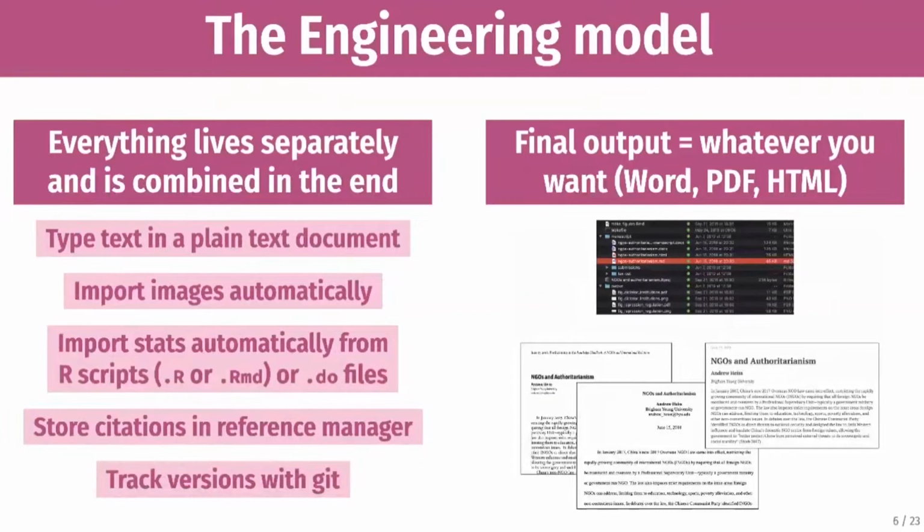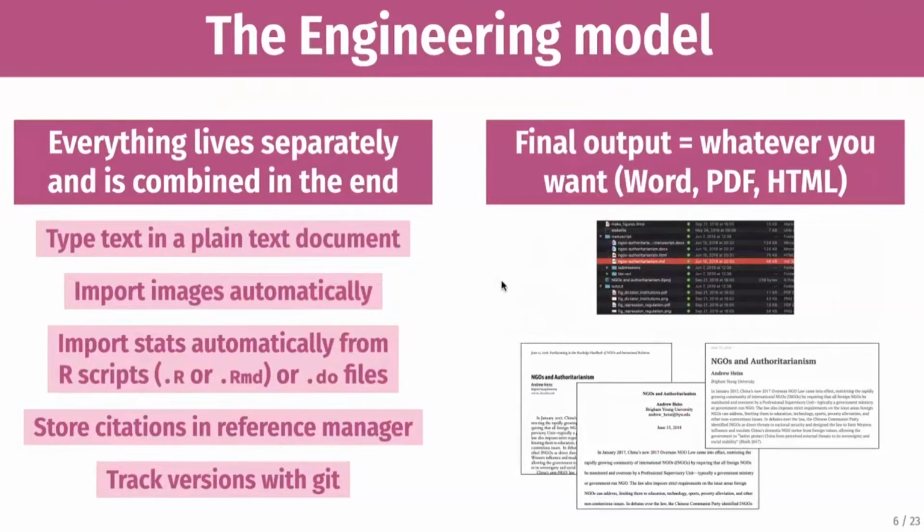The engineering model, on the other hand, looks something like this. Everything lives as separate little files. So you have your text in one document. You have your citations in another document. You have your tables in separate documents. You have your images and your figures in separate documents. And then what you do is you use a script to combine it all.